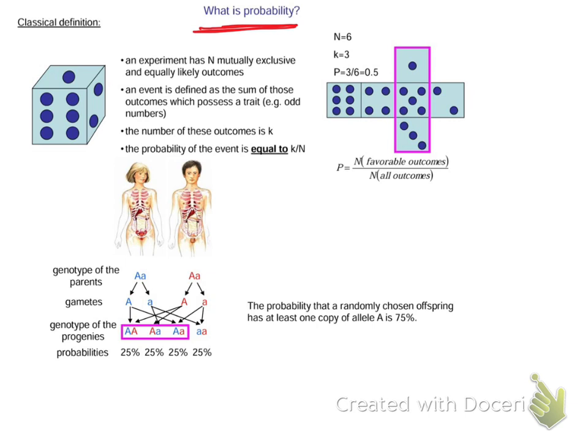So on the numerator we'll put the favorable event, okay? The favorable character which I'm looking for, the thing which I'm looking for, divided by the total number which is possible in the population, okay? So here, for example, I have this dice.